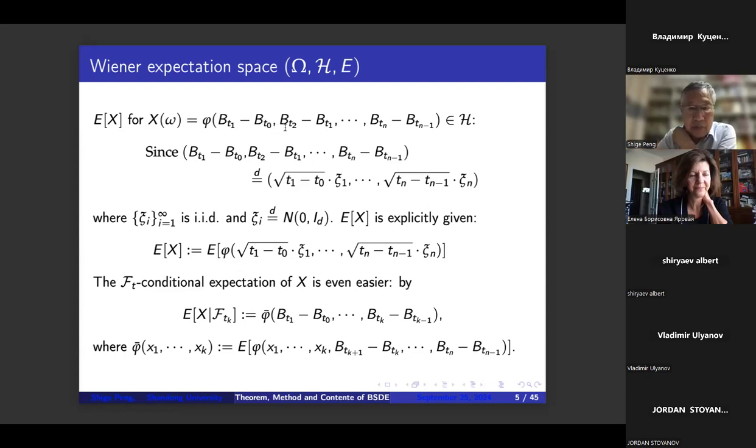It's also quite simple, since according to the definition of Brownian motion, the increments are stable, independent, and all Gaussian or normal.